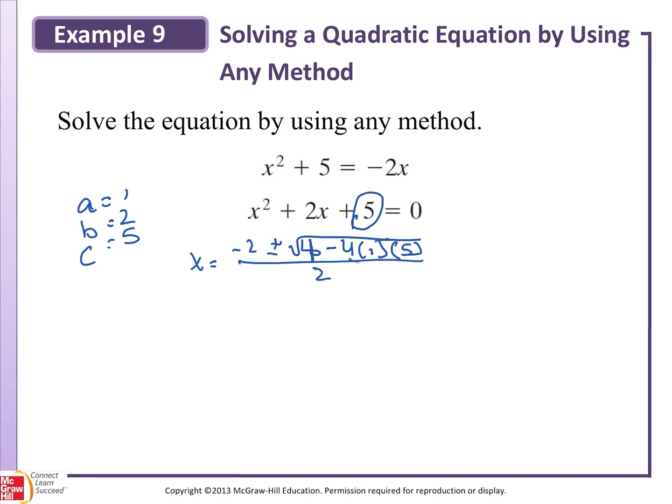Okay, so up here I have 20 with the 4 and the 5, so 4 minus 20, which is negative 16.